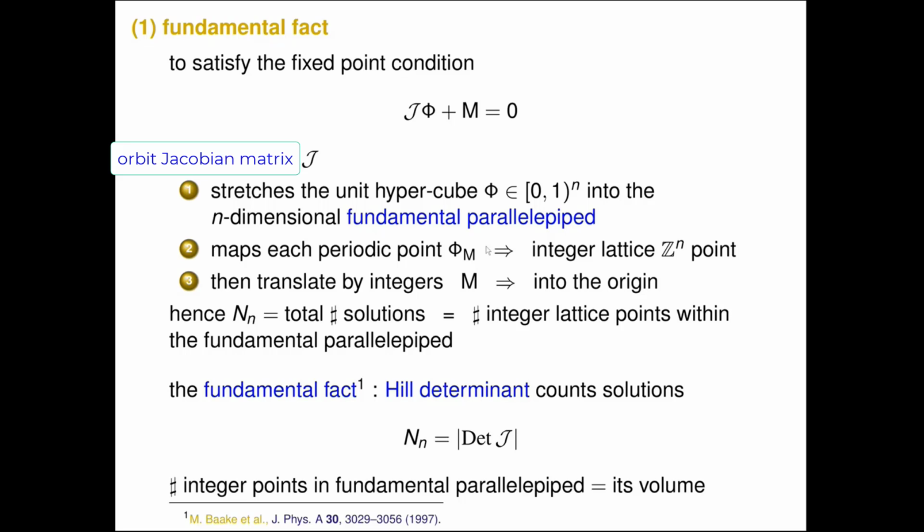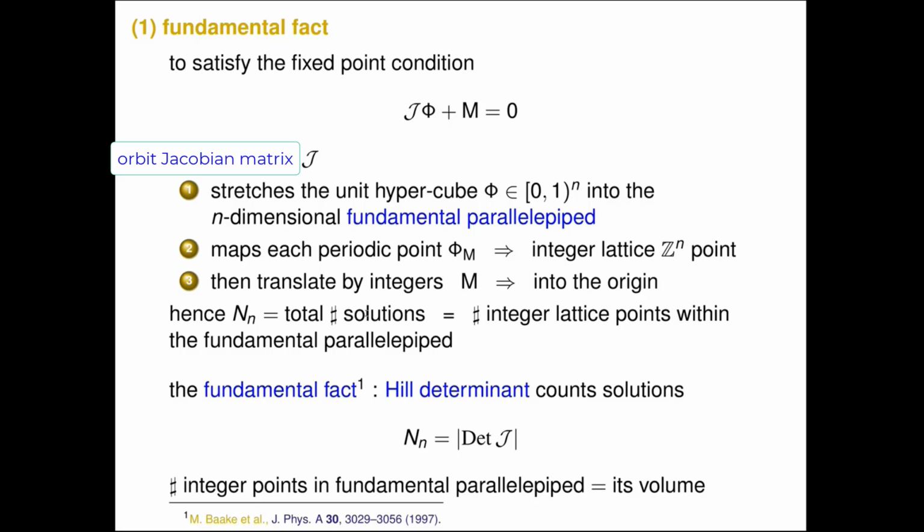And each periodic point that you're trying to find, depending on your instruction M, has to sit on the integer lattice. So this product has to be an integer, and then you have to slide the result by this instruction to get a 0. So that's what it looks like as a formula.